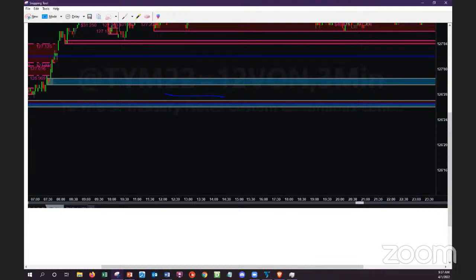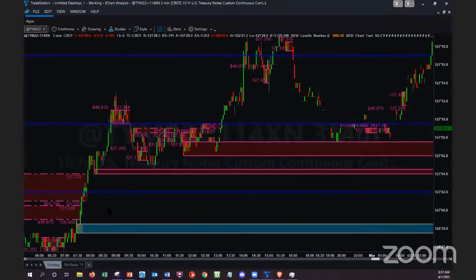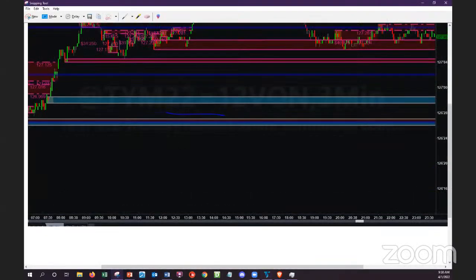So we have this band at 126. It doesn't show the price on it, it's going to be about 126 something in here. So let's go back to TradeStation. So we have this band down here, and then from that we have a band here, and then we have this funny looking stuff up in here. Let's go back to our chart.